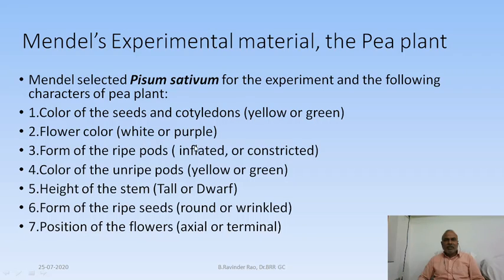Dominant white, recessive. Dominant inflated, recessive constricted. Yellow is dominant here for seed color, whereas for the color of the unripe pod, green is dominant and yellow is recessive. Tall is dominant and dwarf is recessive. Round is dominant and wrinkled is recessive. Axial is dominant. These many characters in a pea plant were studied by Mendel to explain the basic principles of genetics.